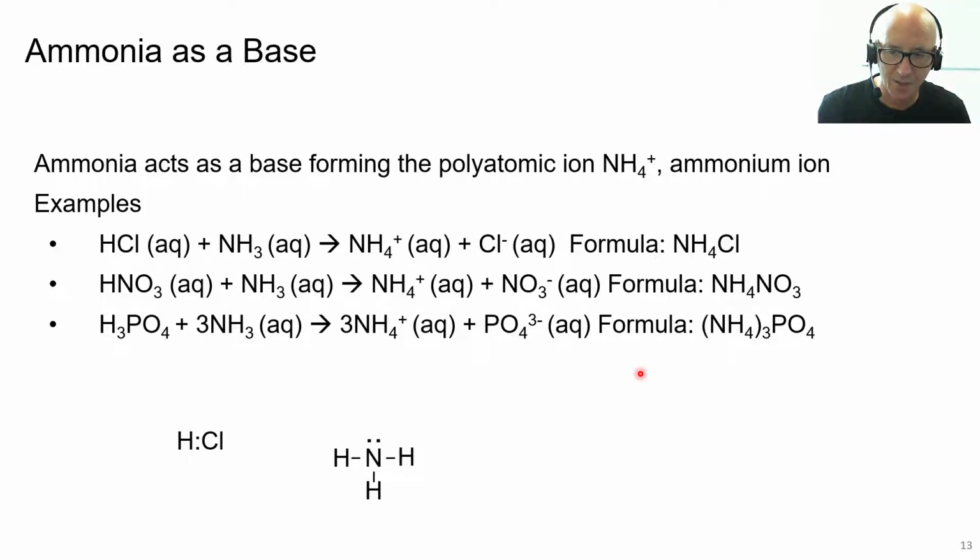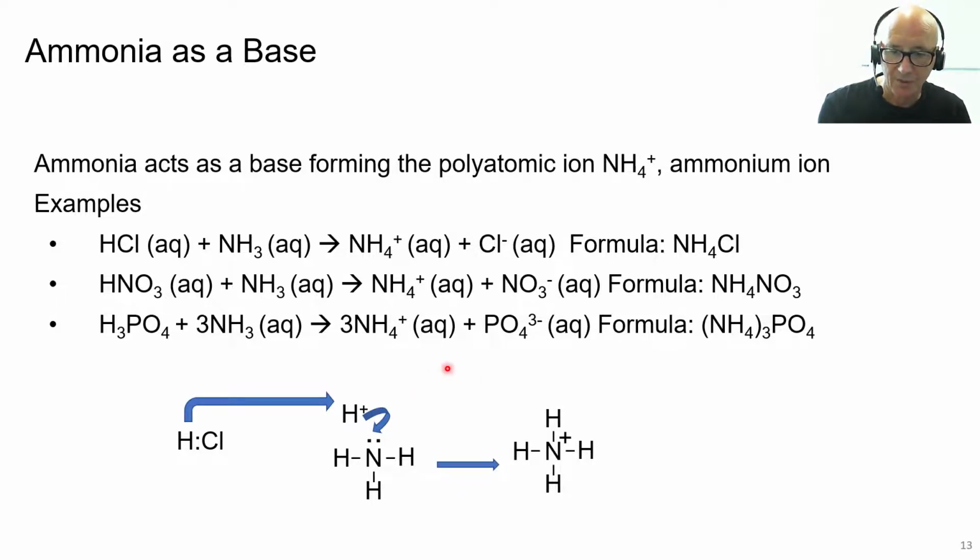How does all of that work? How does ammonia actually pick up a proton? Well, the answer is it's got 2 available electrons here, and I've drawn them as dots. Why it's got this won't become apparent to you until a much later lecture. But what's happening here is that proton is going from the HCl over to the nitrogen there, which can offer up 2 electrons as a covalent bond.